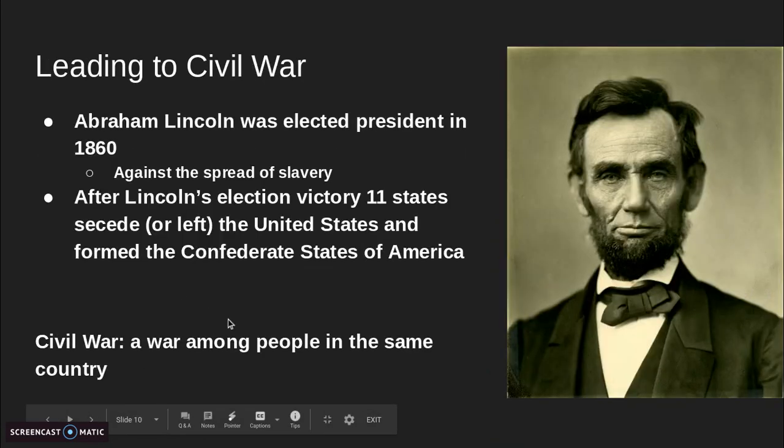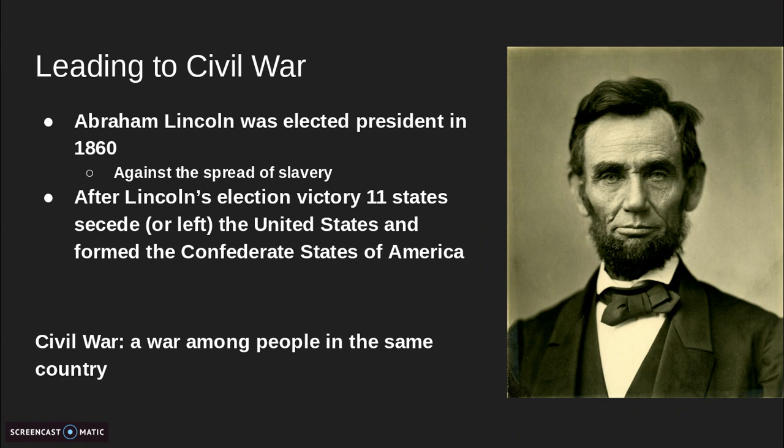1860, Abraham Lincoln was elected president of the United States. And Abraham Lincoln was against the spread of slavery. And the southern states were so mad with the election of Lincoln. They were so mad, in fact, that 11 of the states left the United States, and they created the Confederate States of America.